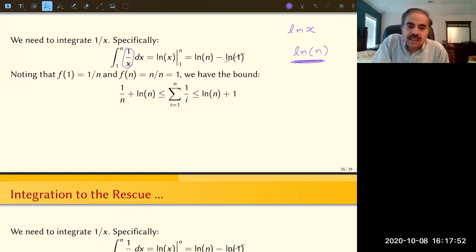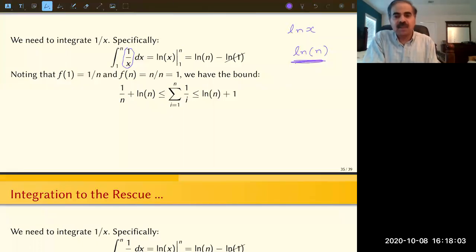What am I talking about? 1,000,000 is 12, right? Yeah, something like 12. So if you have 1,000,000 books, you can achieve an overhang of about 12 books, okay? If you have an infinite number of books, well, ln of infinity is infinity, so you can achieve infinite overhang if you have an infinite number of books.